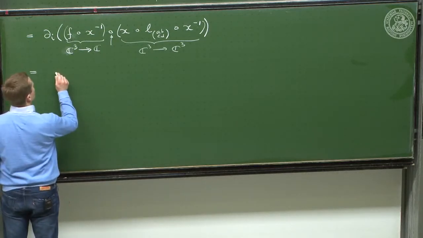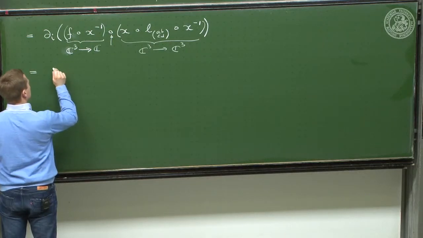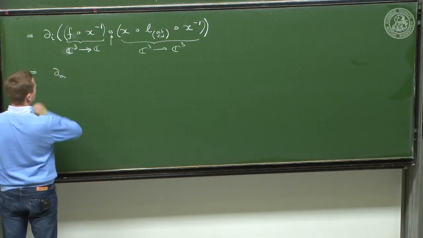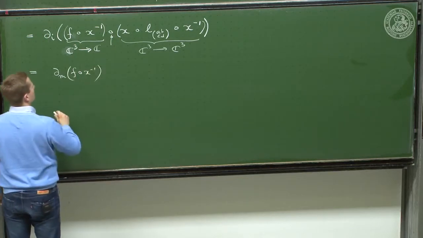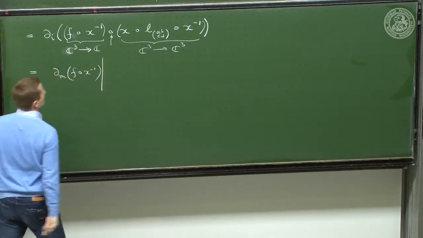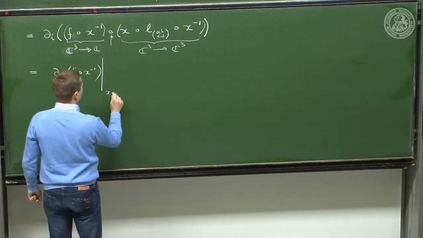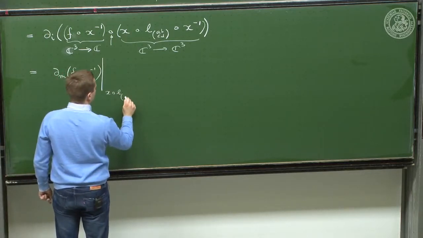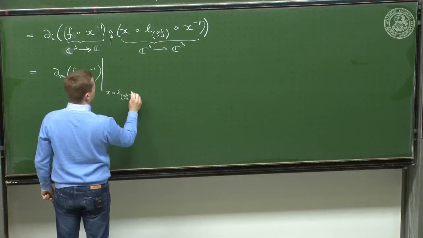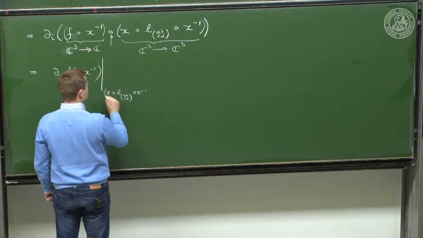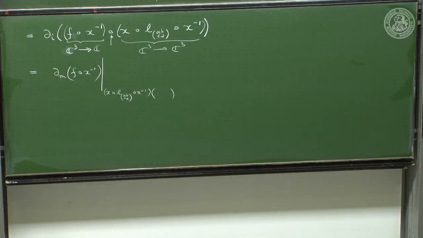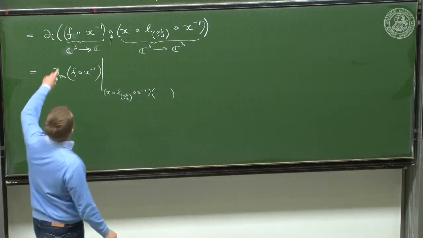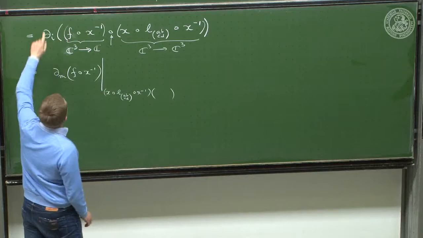Okay, so this is del m of f after x inverse to be evaluated at x after L a, b, c, d after x inverse of, well, where actually? So let's go back. We evaluate this guy up there.